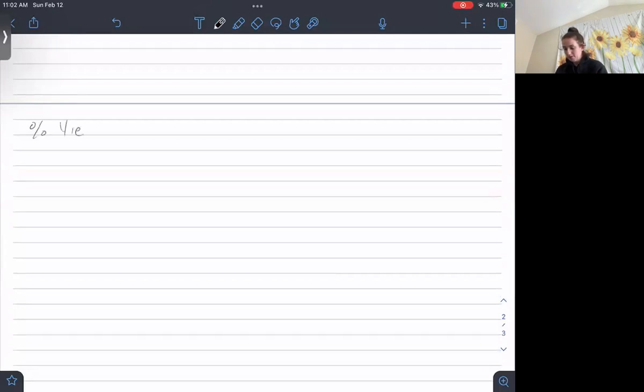Percent yield is what we haven't covered too much in class. This is going to tell you how much your reaction succeeded. This is usually experimental data.